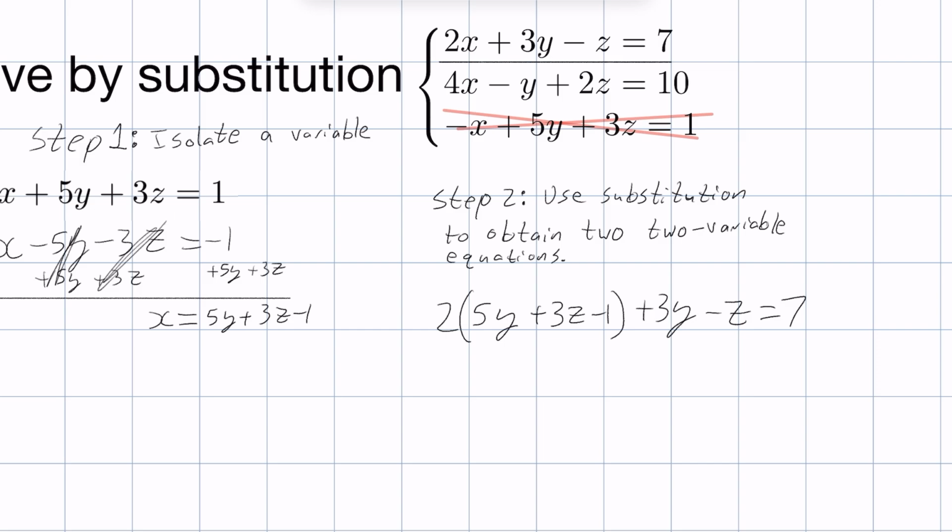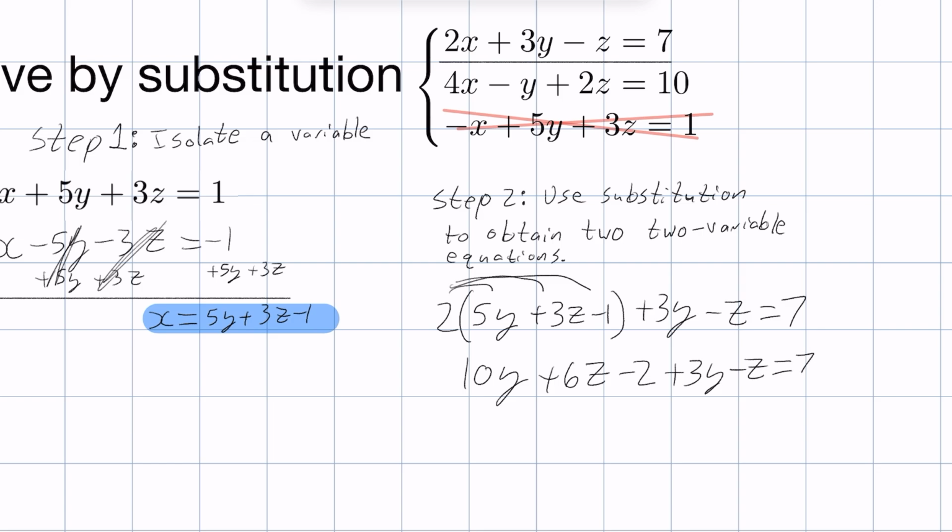So I've rewritten the very top equation here, but instead of using x, I've replaced it with the value for x that we found here. This is x. So now I'm going to distribute here. 2 times 5 is 10y, plus 6z minus 2, plus 3y minus z equals 7.